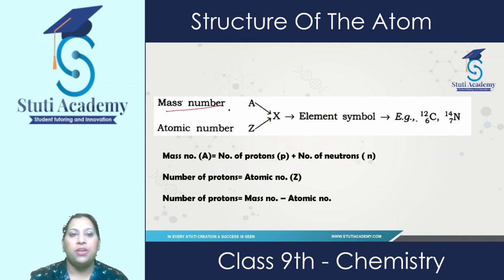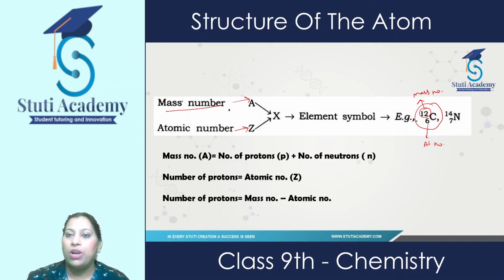Mass number is represented by symbol A and atomic number is represented by Z. When we write an element, the number which is written above represents its mass number, and the number which is written below represents its atomic number.